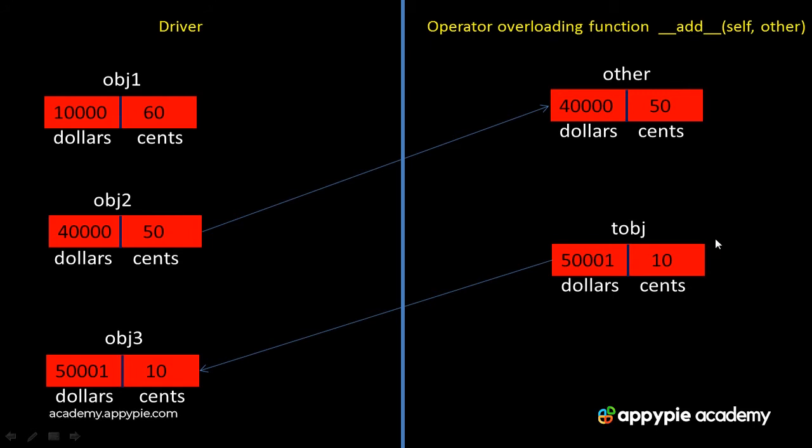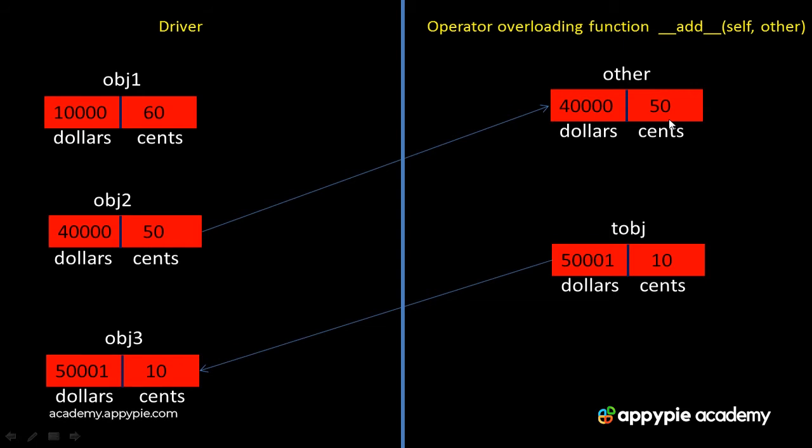As you can see here, we added the dollars of the current object. Current object means the object through which the operator overloading function was invoked. The dollars of the current object is 10,000 and that of the passed object is 40,000, so it will become 50,000. How it became 50,001 I will tell you. After that we added the cents of the current object with the cents of the passed object.